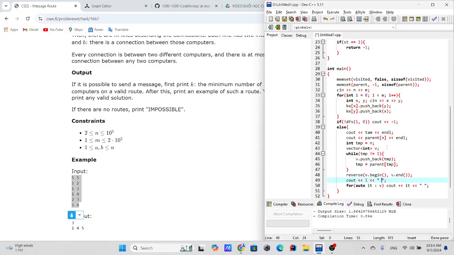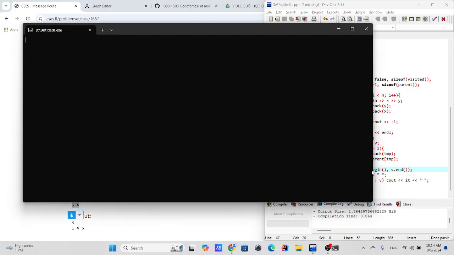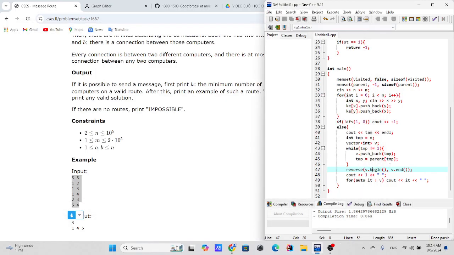This must be correct. Yeah, no, actually not. Shit.